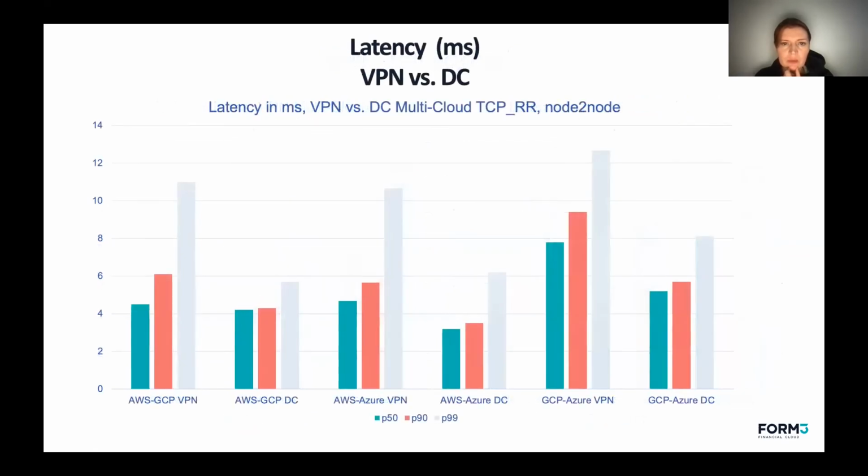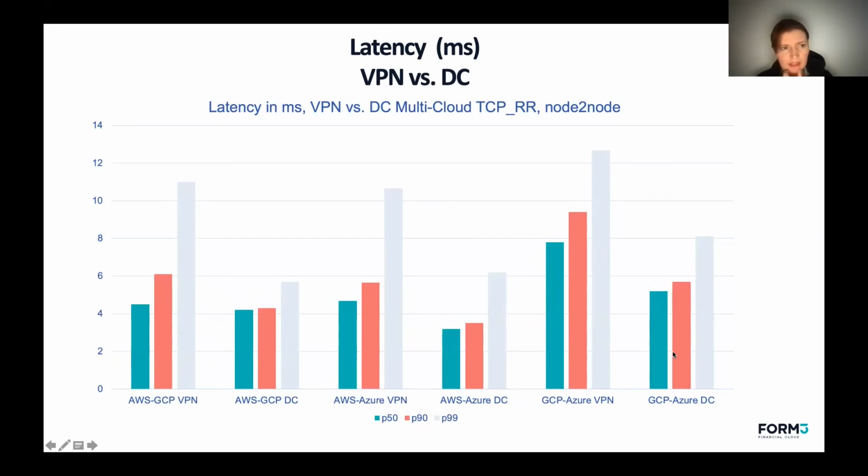But when you compare VPN and DC, you see that obviously direct connectivity via data centers is faster, but it's not that much faster. However, at P99 we can see a big difference for AWS and GCP, basically for most of the pairs.